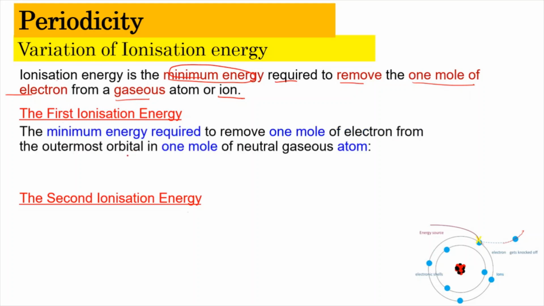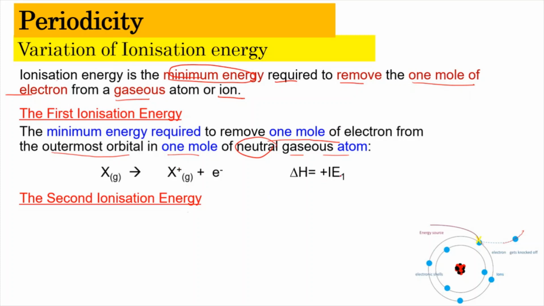So the first ionization energy is the minimum energy required to remove 1 mole of electron from the outermost orbital in 1 mole of neutral gaseous atom. For example, if you have X gaseous atom, when you remove 1 mole of electron, you're going to convert the gaseous atom into gaseous ions.